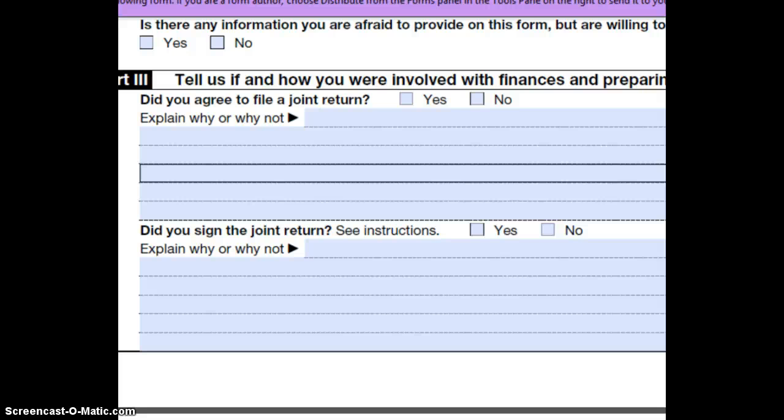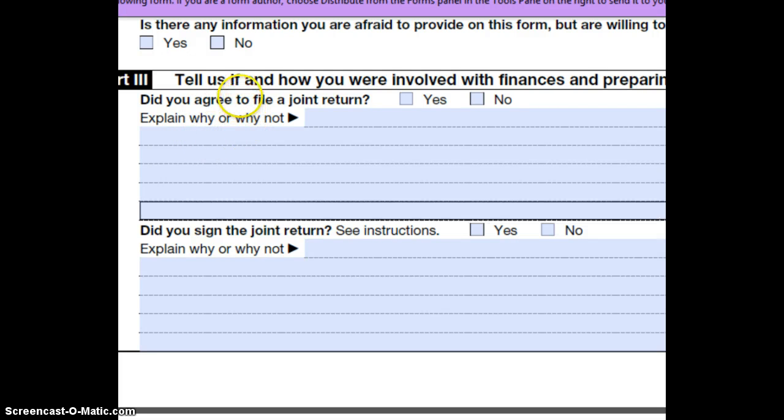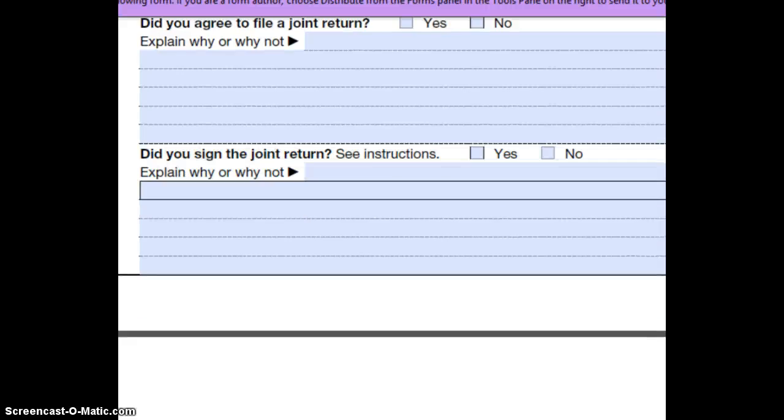If you filed the form under duress, it might not count as a valid joint return. It doesn't mean that relief's not available. It just means that the IRS is going to say it wasn't a joint return, instead of actually relieving you under the innocent spouse provisions. And did you sign the return? Now, if you didn't sign the return, that's not necessarily going to qualify you for the argument that you didn't have a joint return.